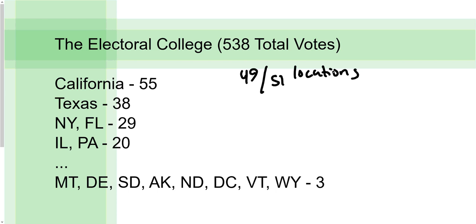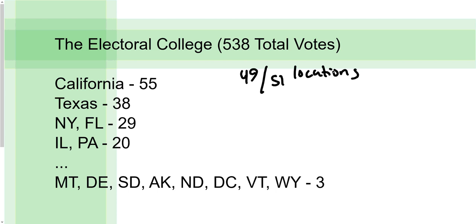So if Democrats win California in a popular vote, all 55 electors will vote for the Democratic candidate. And same thing for Texas or New York or Florida or any of those.